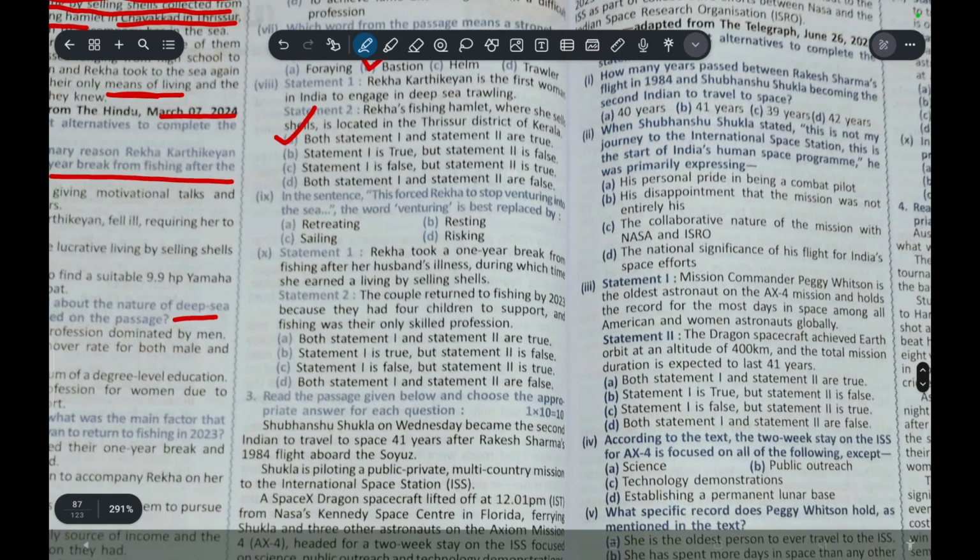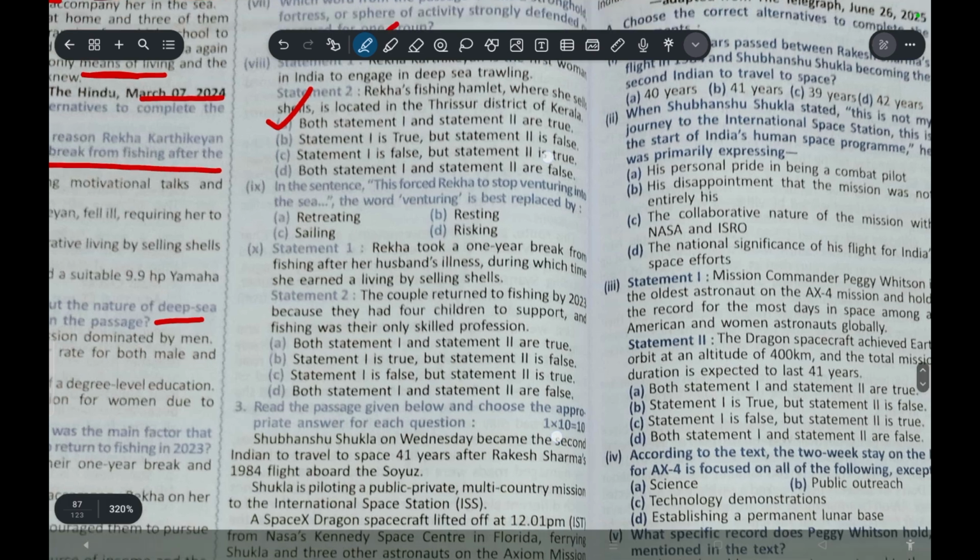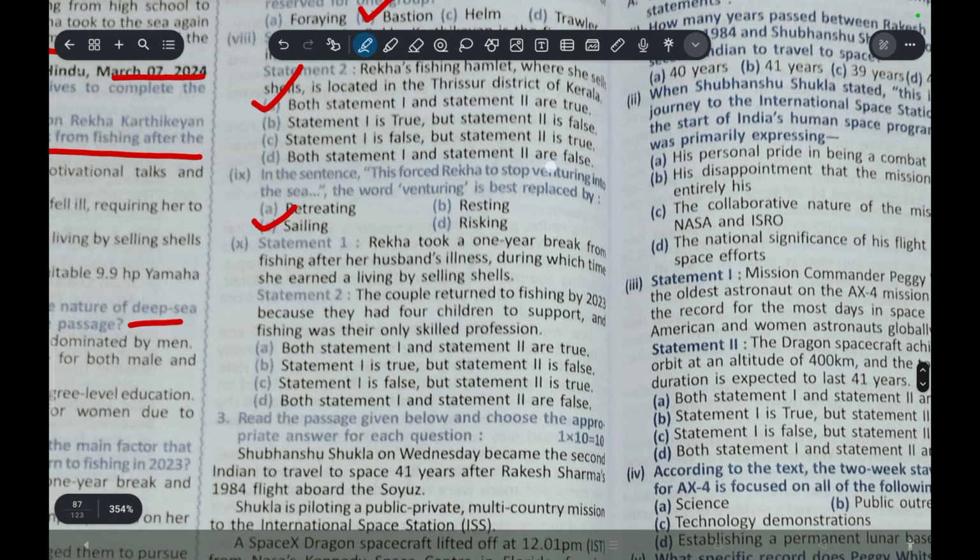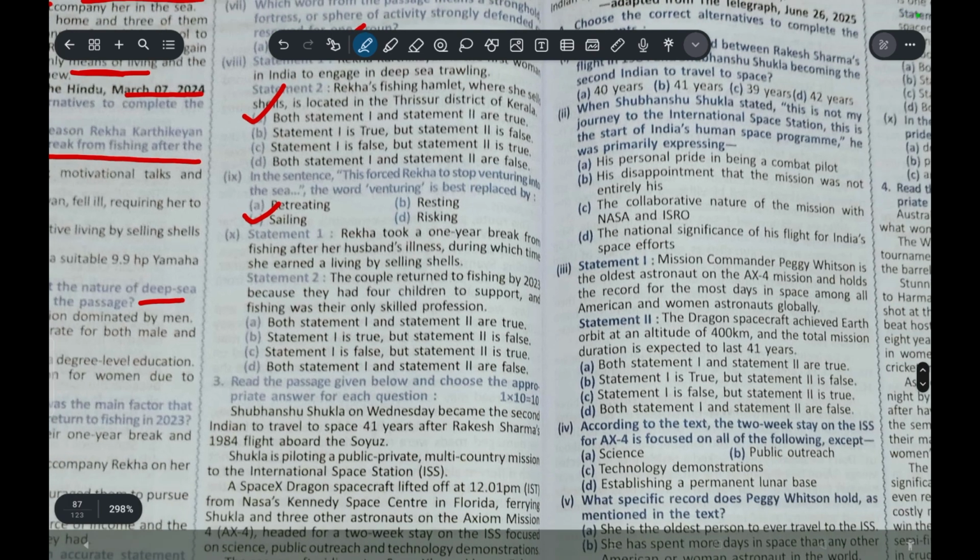Next question. In the sentence, this forced Rekha to stop venturing into the sea, the word venturing is best replaced by... I think venturing means sailing. Let me check it. I think it will be sailing.